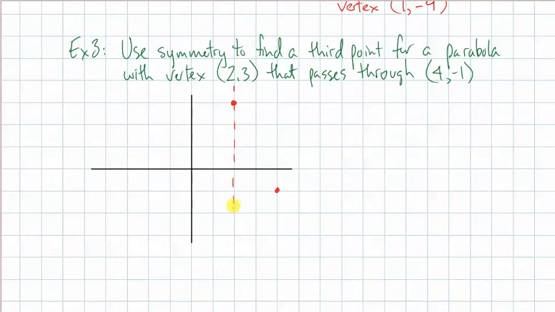So my axis of symmetry is right here at x equals 2, the same value as the x value of the vertex. By symmetry, I see that this is 2 units over. So by symmetry, there must be another point 2 units over for the same y value, right here. So my other point is right here at 0, negative 1.